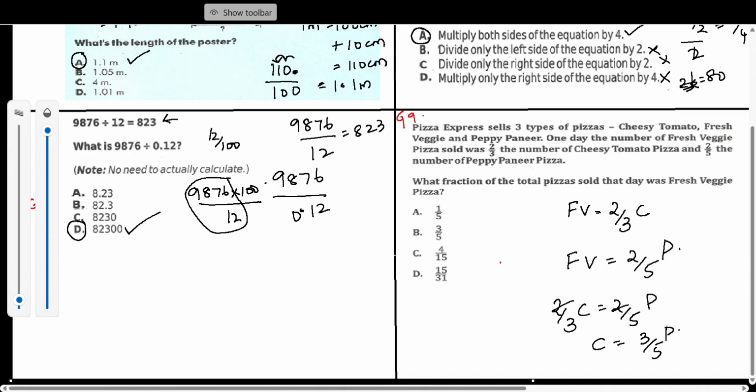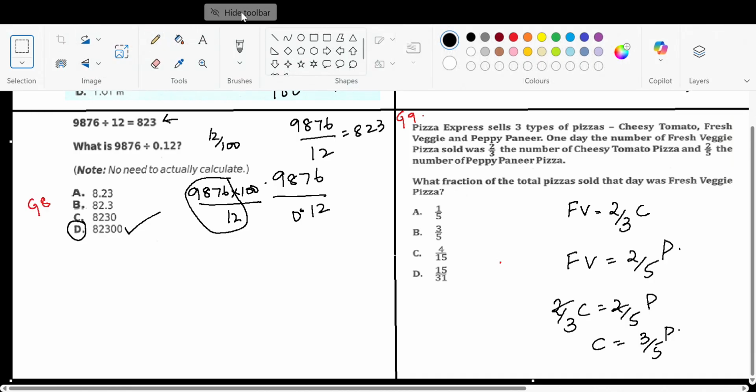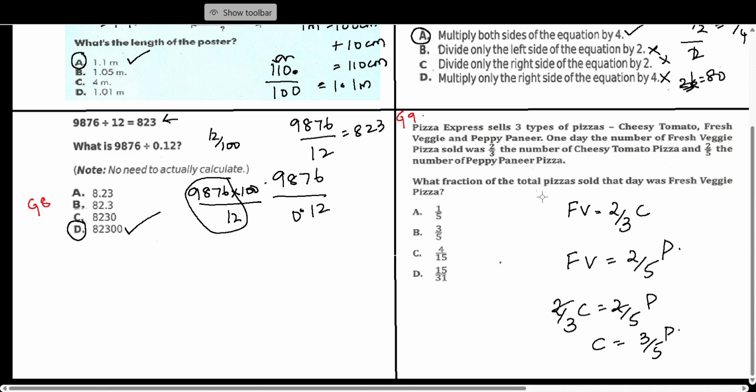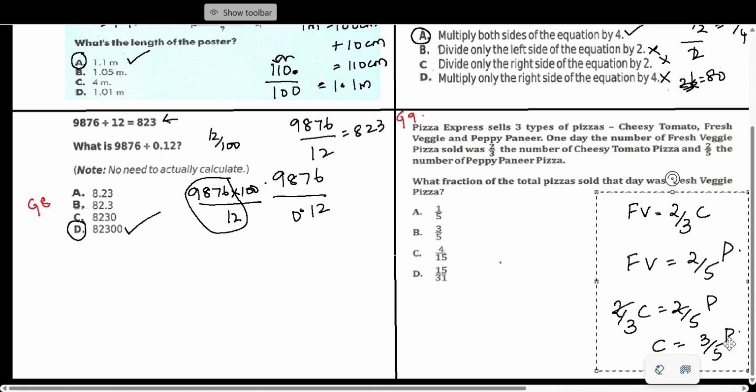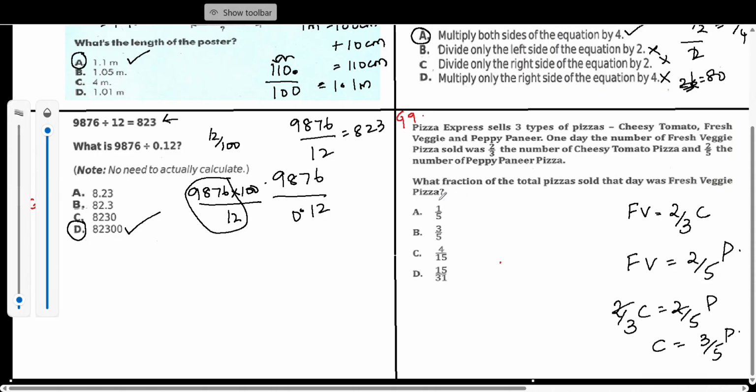Now, what we will do with this is, since we don't have any numbers here, we can take simple numbers that will help us with calculation to proceed. The question asks for the fraction of total pizzas sold that day.